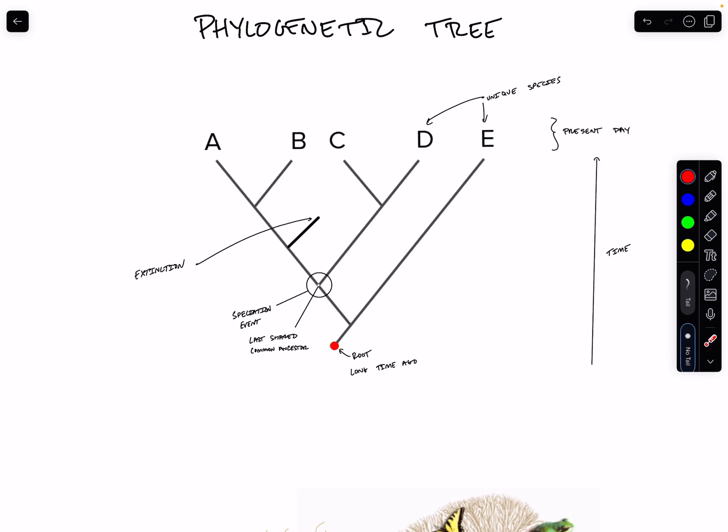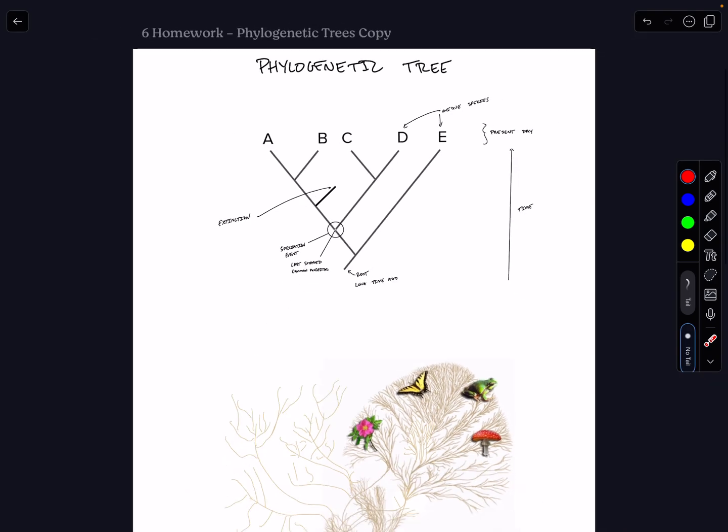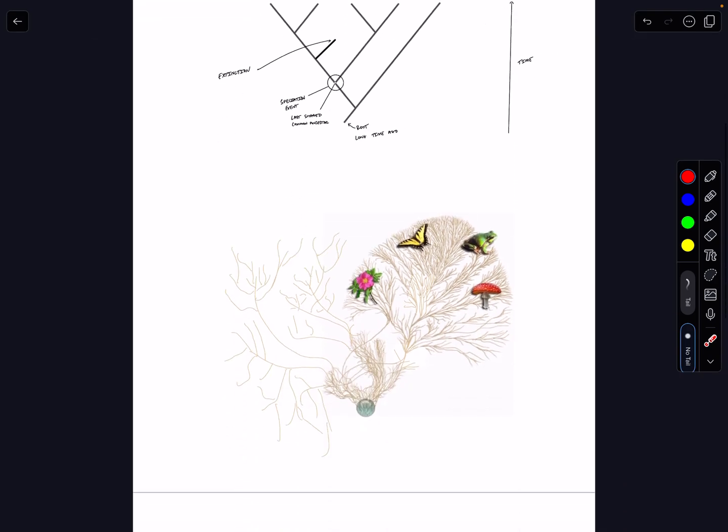And so life shares a common root here on Earth. And we've all been evolving for the exact same amount of time. So to say something is more highly evolved than something else doesn't really make a lot of sense because we've all experienced the exact same amount of evolutionary time. So everything is equally highly evolved in the world.